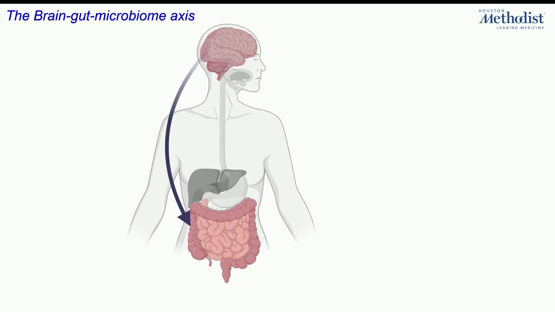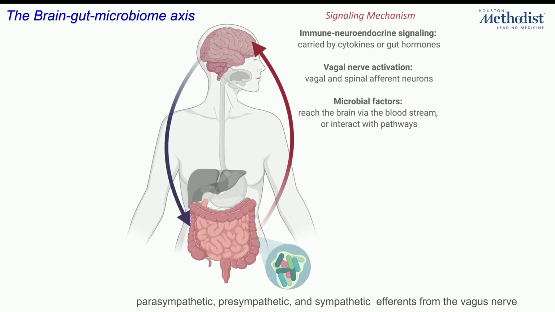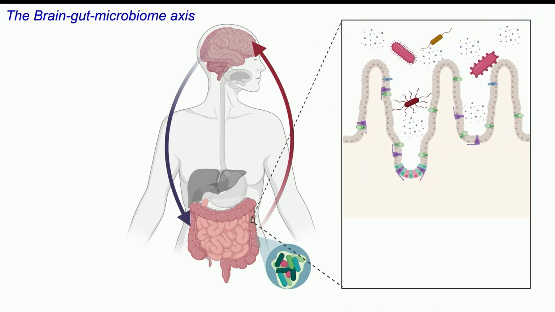These mechanisms are regulated by different pathways, and we identified several of them. The immune neuroendocrine signaling can communicate the brain to the gut, in this bidirectional communication as well. There is vagal nerve activation, and microbial factors, products that are produced in the gut and released into the circulation, that make this bidirectional communication constant between the brain and the gut.